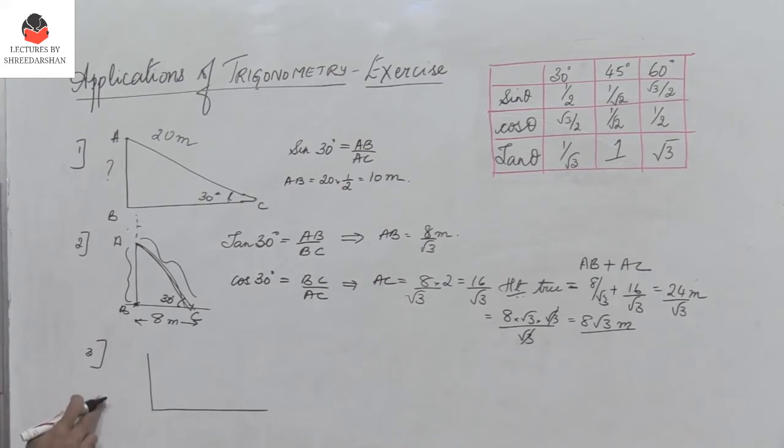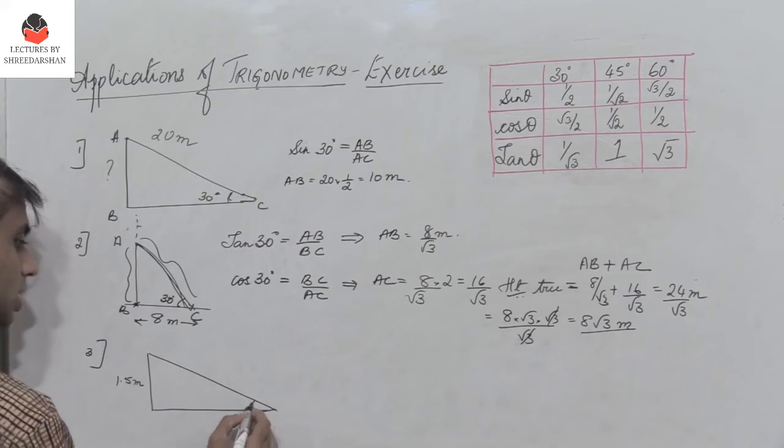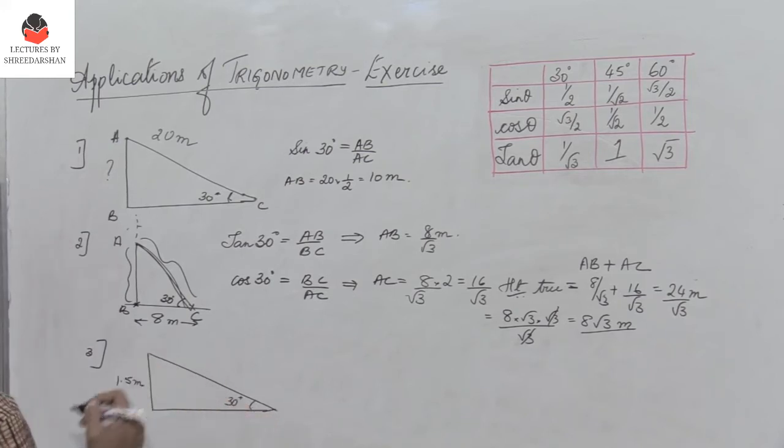So here for children below 5, you need a height of 1.5 meters and the inclination, so this happens to be the inclination, which is 30 degrees. Whereas for older children, I can have a height of 3 meters and the angle is 60 degrees. What should be the length of the slide in each case?